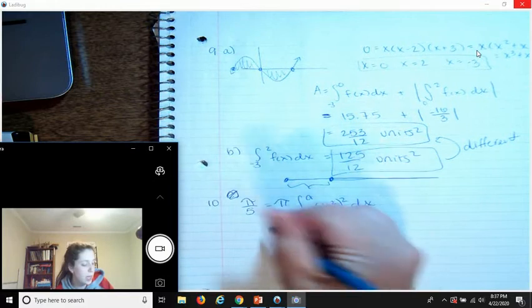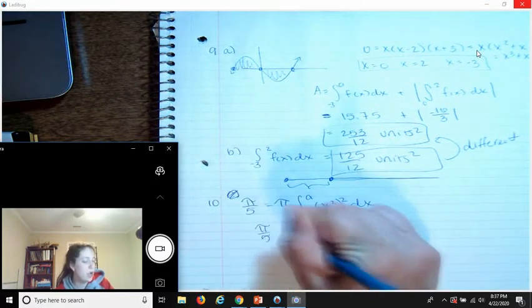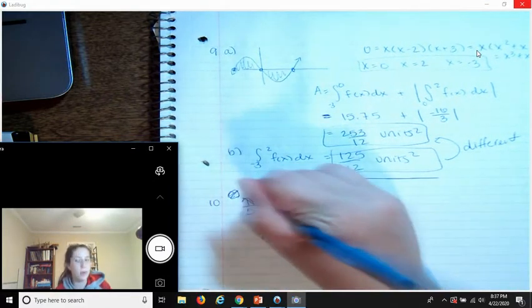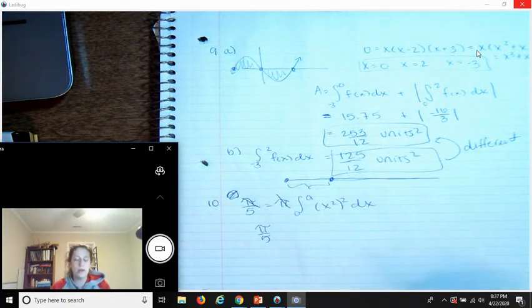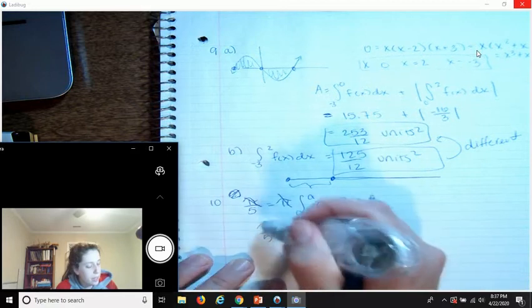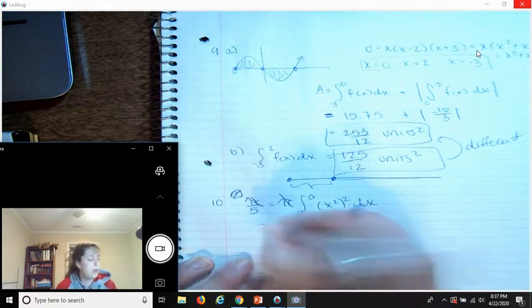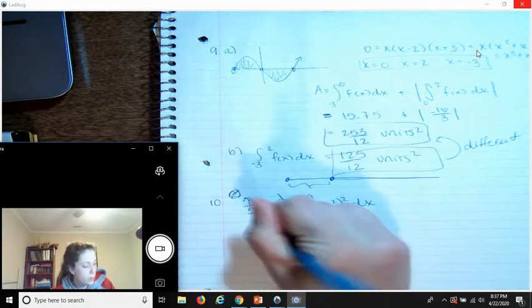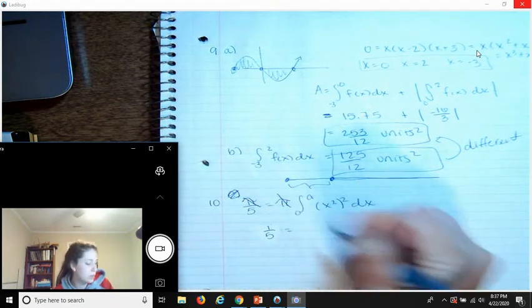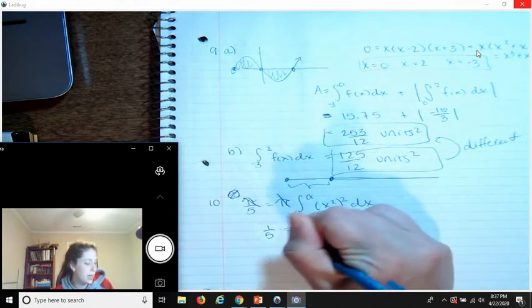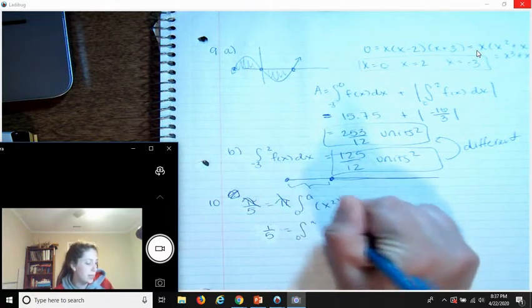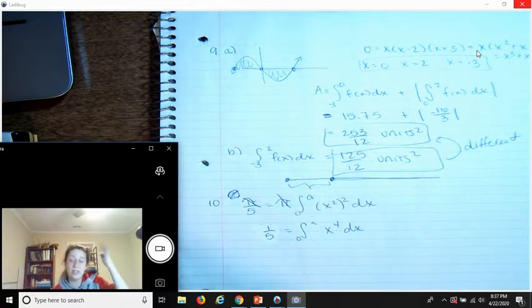So we have pi over 5. I just went ahead and canceled out my pi on each side for the first step. And then we end up with 1/5 equals the integral from 0 to a of x to the 4th dx, because x squared squared is x to the 4th.